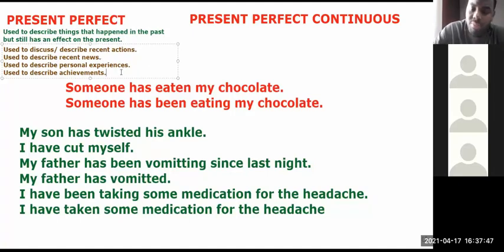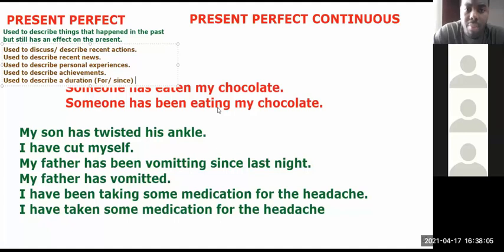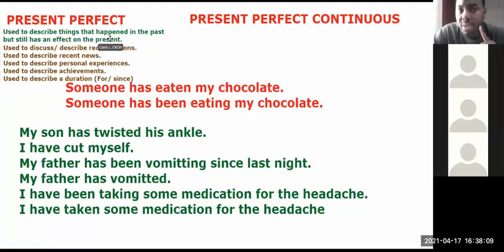Okay, so achievement. The last one is used to describe duration. Duration is what you call süreç. Okay, so this is when we use for or since. So basically, duration. These are the five main uses of the present perfect.